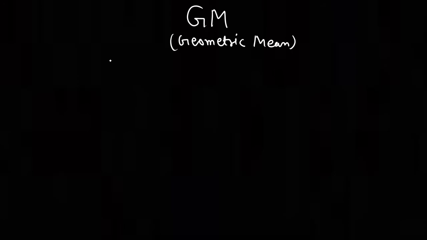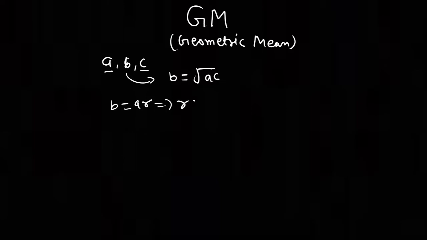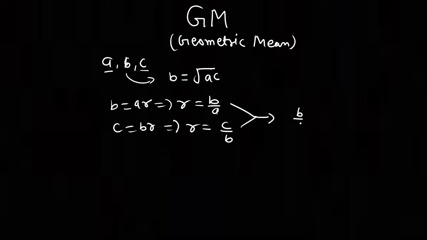So if there are three terms in the GP, A, B and C, then the geometric mean of A and C will be B is equal to root AC, because we know that B is equal to AR, so R is equal to B by A, and C is equal to BR, then R is equal to C by B. From here we can say that B by A is equal to C by B, then B square is equal to AC, and B is equal to under root AC.